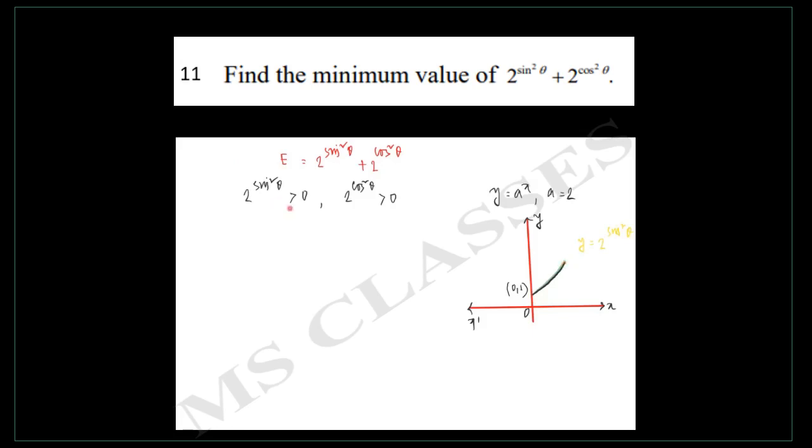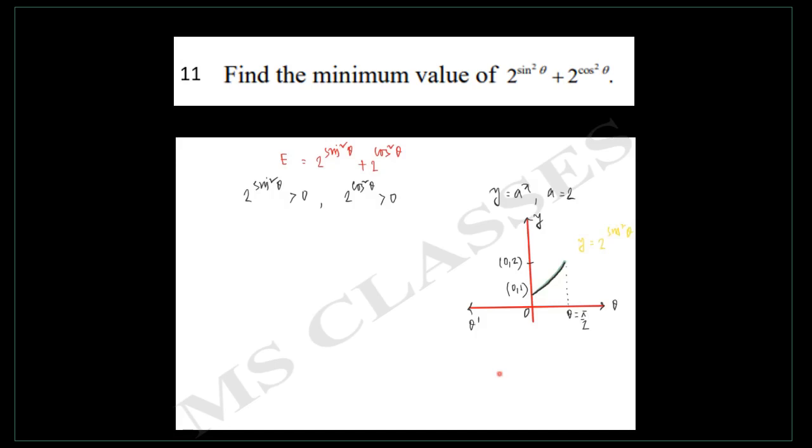But as you know, the upper limit is there. Sin square theta cannot be more than 1. So at most you can get 2, corresponding to theta equal to pi by 2. Since it is sine square theta, this is theta and this is theta prime.